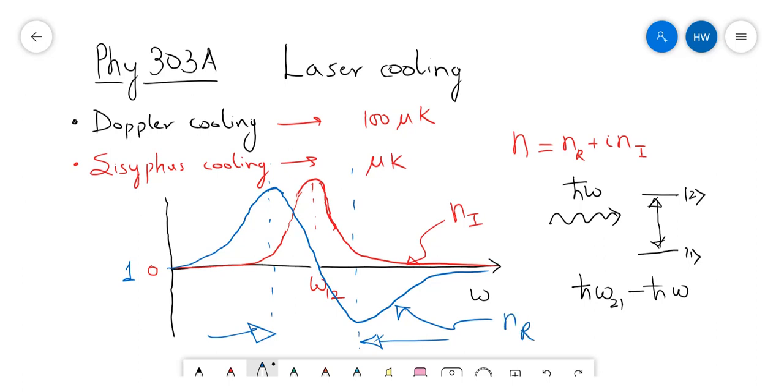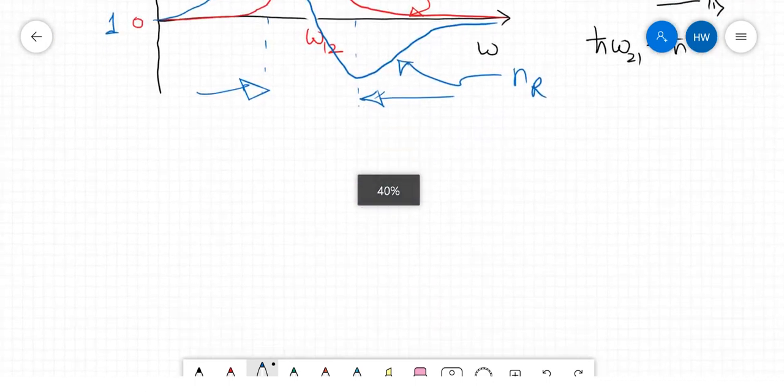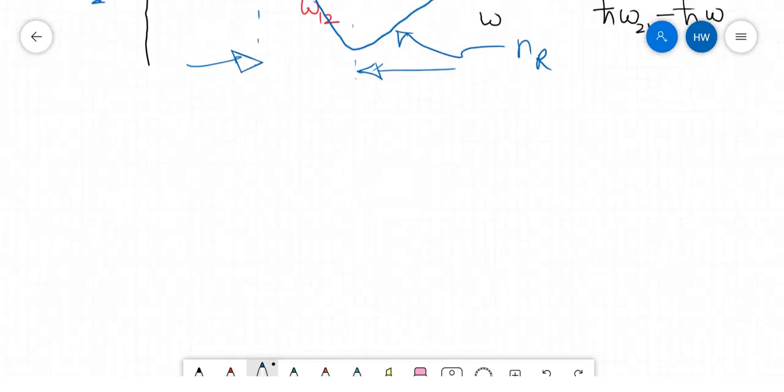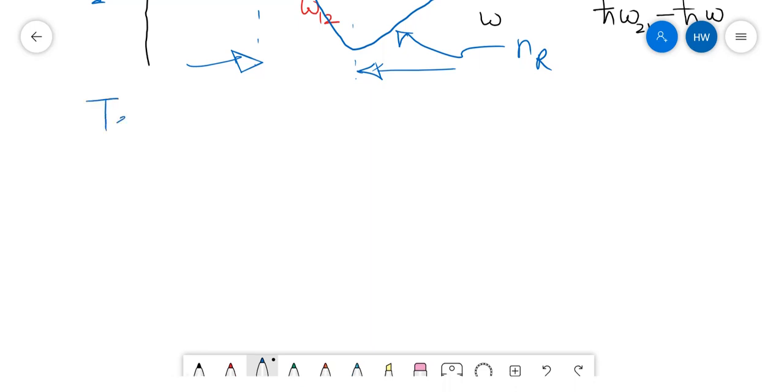So you see, we have got to use both of these aspects to actually affect the external degrees of freedom of the atom. Okay, so now let's step back and understand what we mean by temperature. If I'm looking at a collection of atoms and I'm asking what is temperature, temperature is essentially a measure of the random kinetic energy associated with this collection of atoms, right?